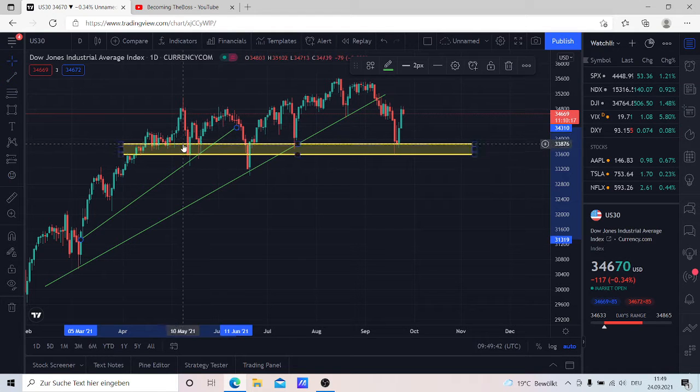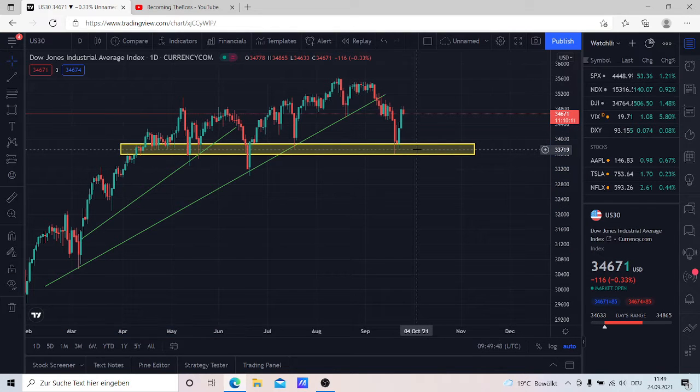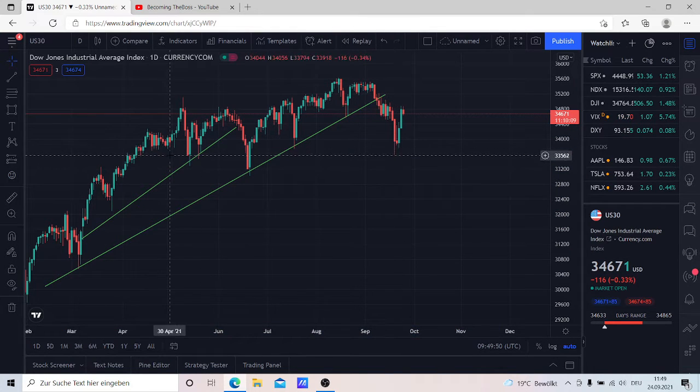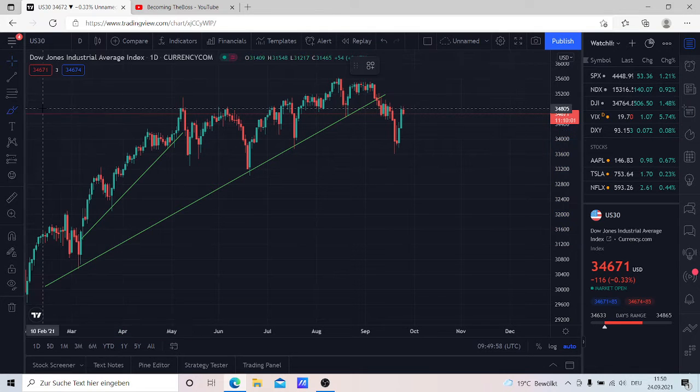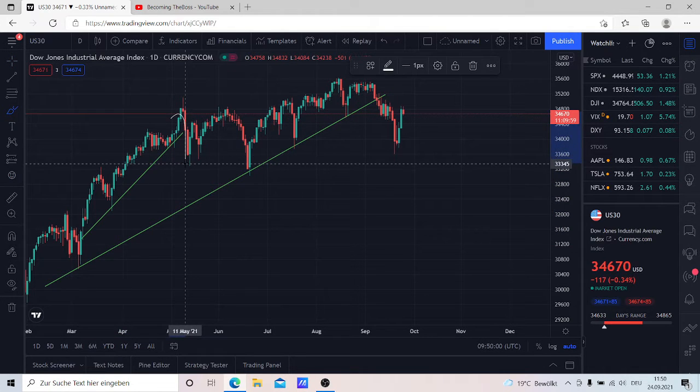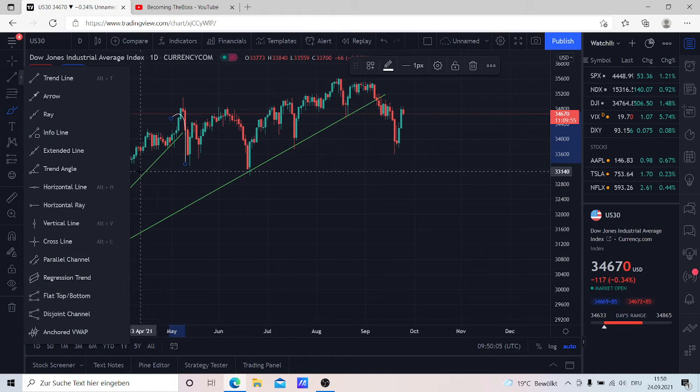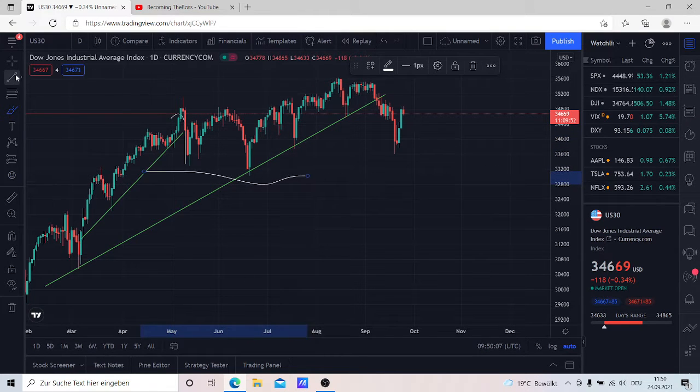movement where we broke this trend line here, or if we just quickly get rid of this one, we could use this trend line where we broke to retest this area here, this support line rather.